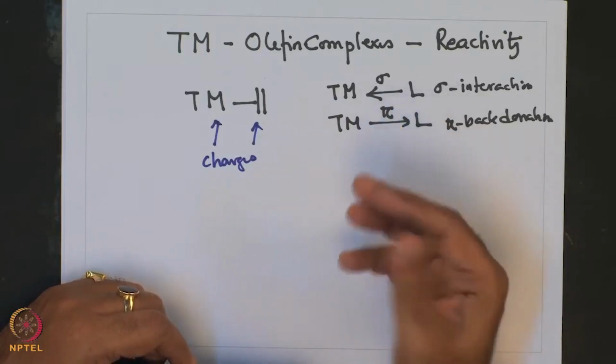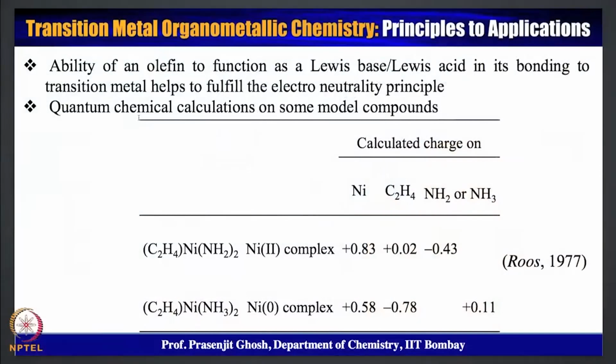Thus, by looking at the calculated atomic charges, one can get an idea as to the nature of the forward sigma donation and backward pi donation that occur in these complexes. And this can be computed using quantum chemical calculations, using simple DFT methods, where one can have an idea as to the atomic charges on each of these fragments and moieties.